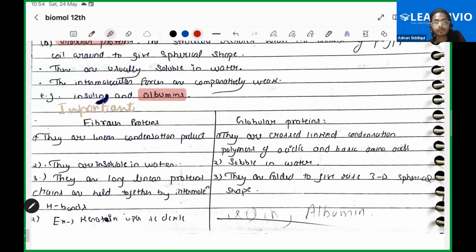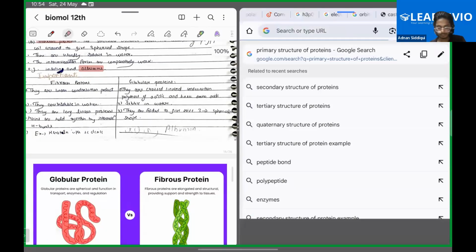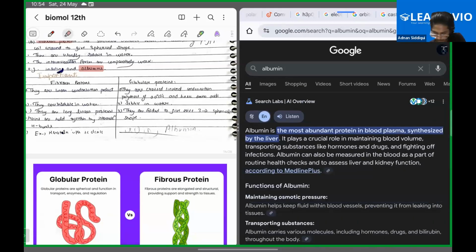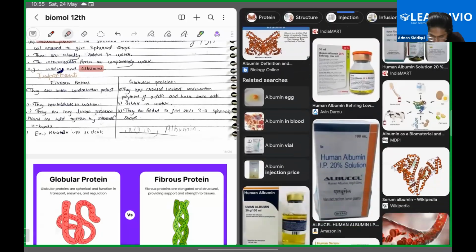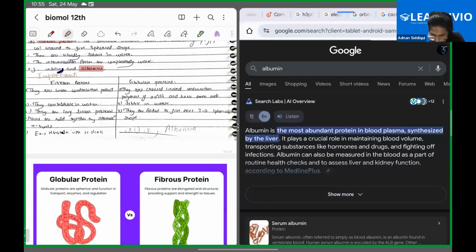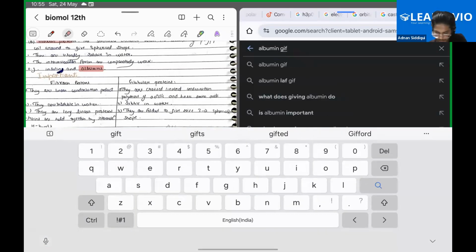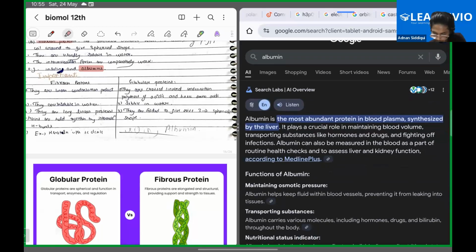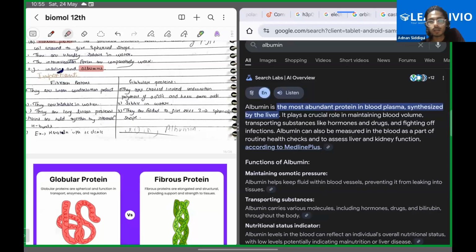Do you know what albumin and insulin are? Albumin is present in blood plasma and is synthesized in the liver.